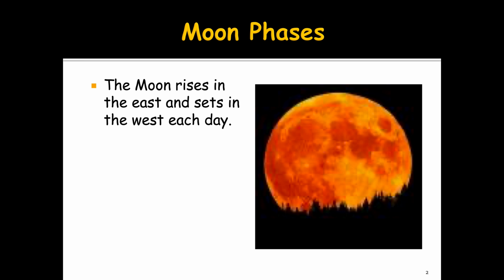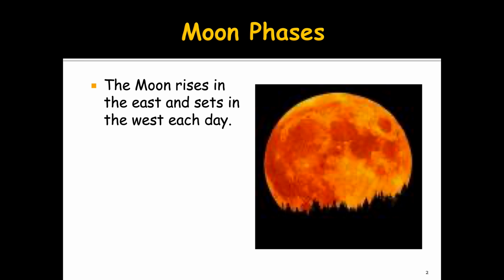It's weird, but it works out that one rotation of the moon takes the exact same amount of time as one revolution around the Earth. So consequently, we're always looking at the same side of the moon, which is kind of weird. Until we had satellite technology, no one had a clue what the far side of the moon looked like. But we'll get more into that a little bit later.